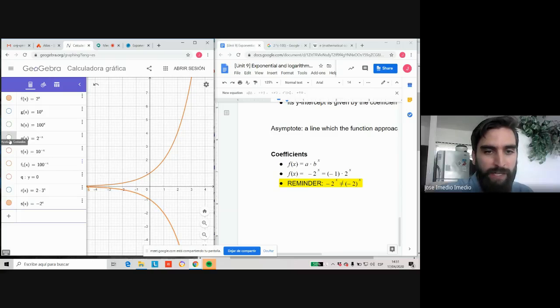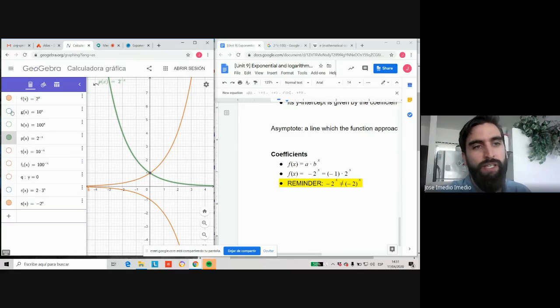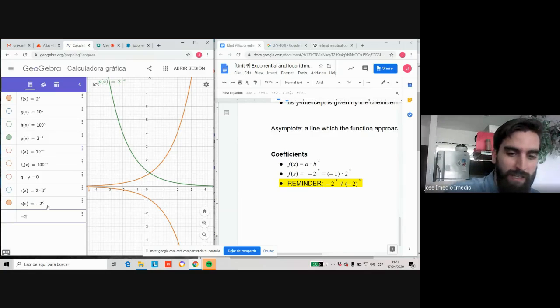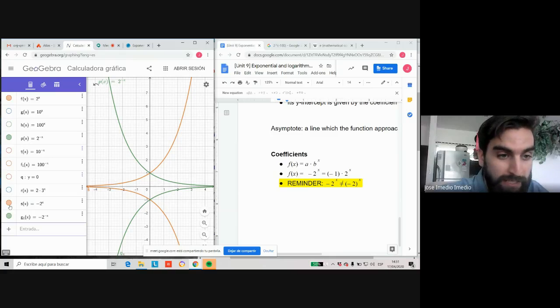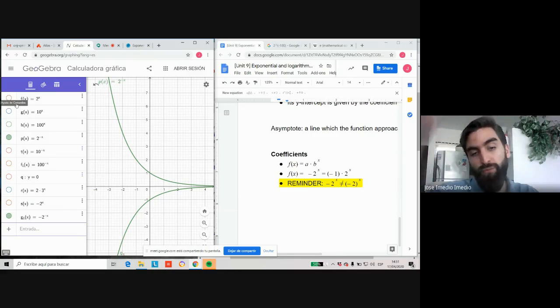It would be if I take the function of the exponential decay and I do the same thing, which is making it negative, that's what happens. Okay? It's the same thing. I'm getting the reflection over the x-axis. Okay, once again, you don't need to know that by heart, but it's helpful when you're solving IXL.